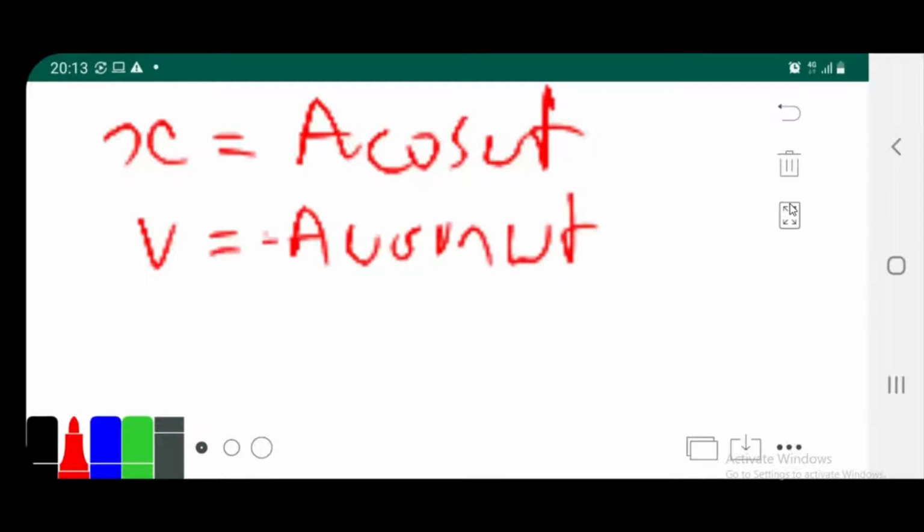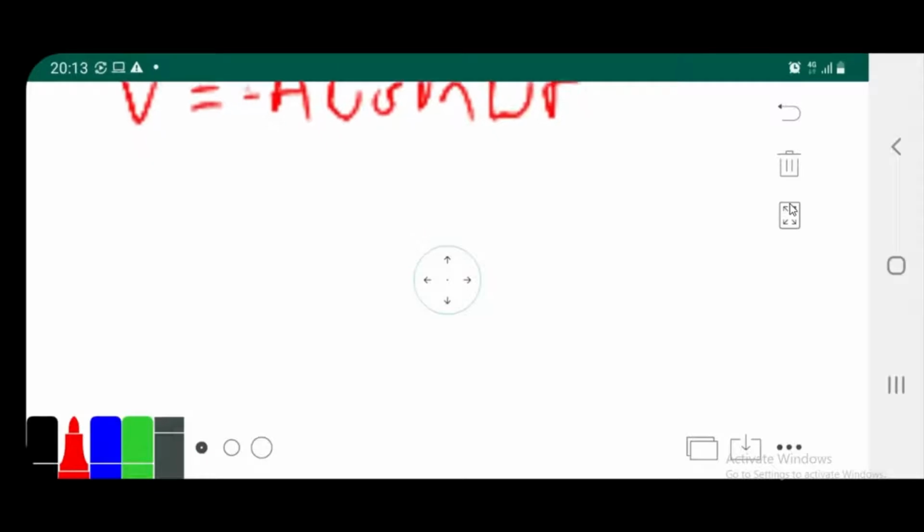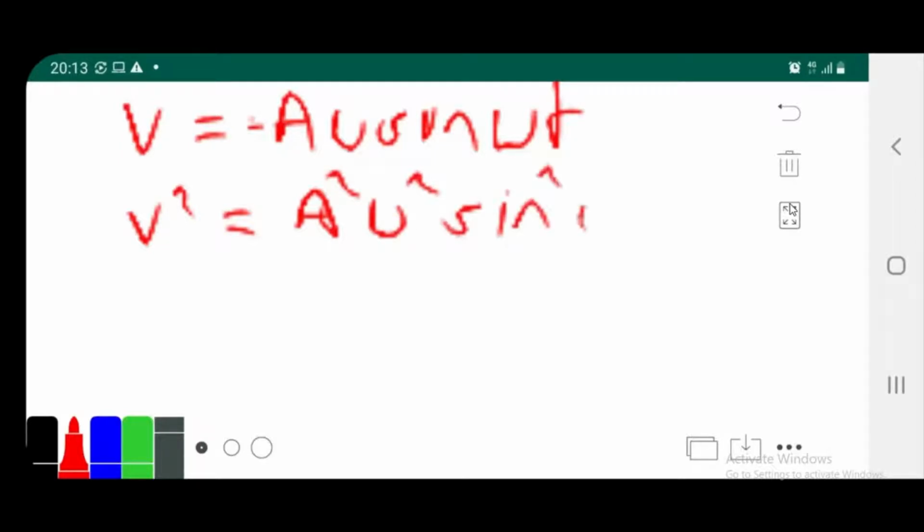I'm just going to do a bit of a derivation for the velocity of a particle in terms of its position. What I'm going to do next is square both sides, so I end up with v squared equals a squared omega squared sine squared omega t.